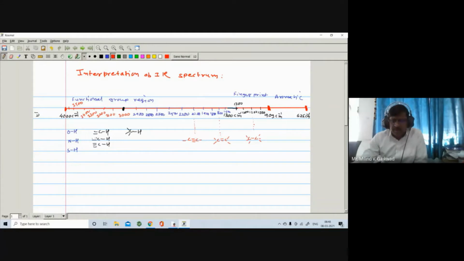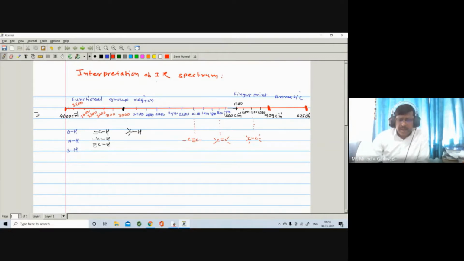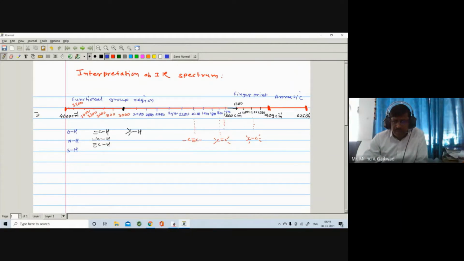And suppose you are getting a band at 1500 to 1600, it is due to the carbon-carbon double bond of a benzene.